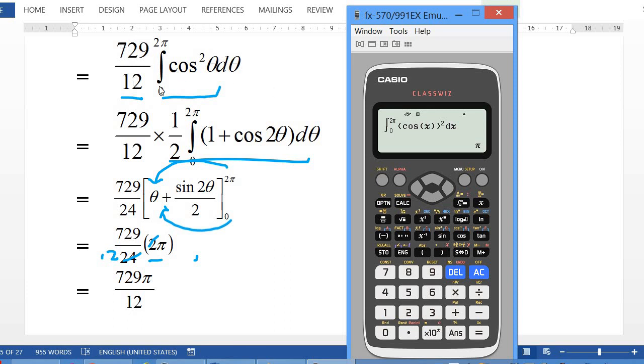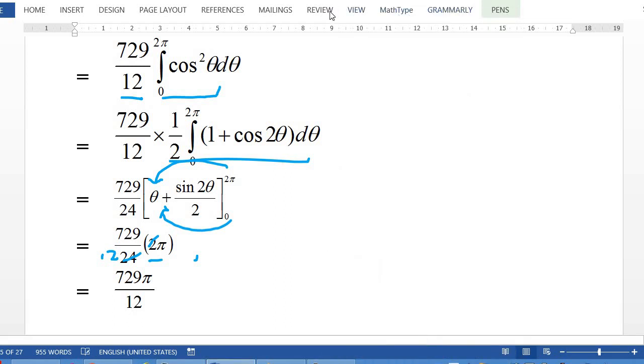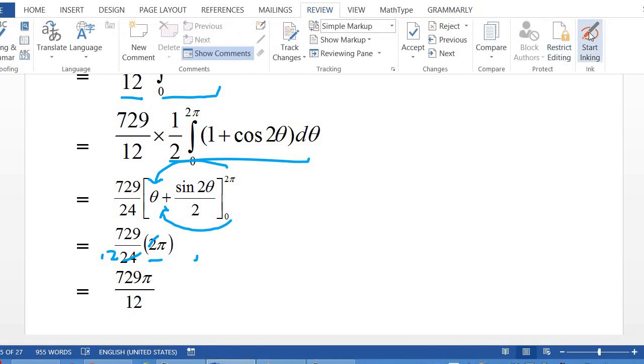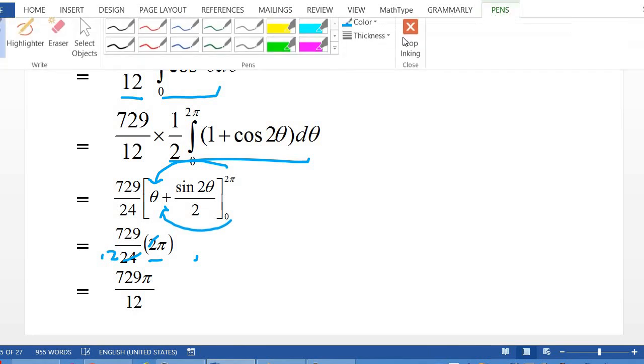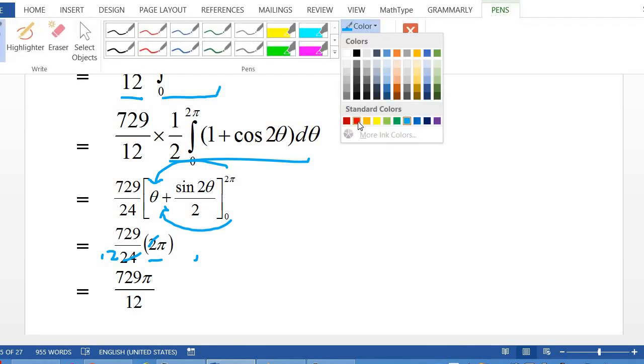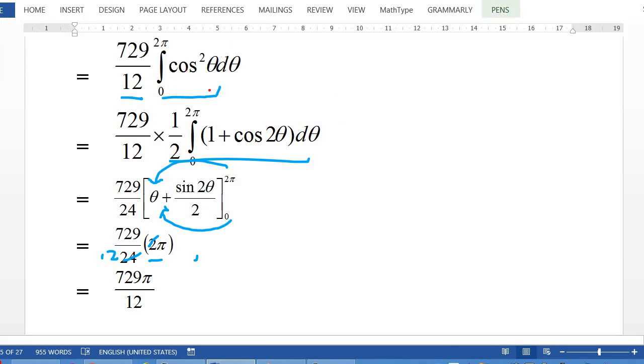So lastly, you have to multiply by 729 over 12. That's why you got 729 pi over 12. Sorry, just now I should set the angle in radian units. Because in the scientific calculator, straight away I get the answer is pi. So 729 pi over 12.